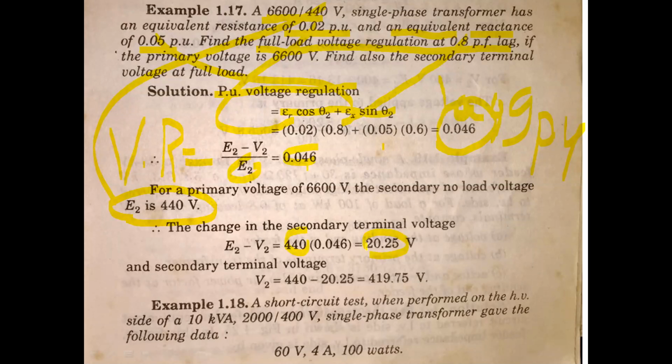From this, V2 equals E2 minus this change, 440 minus 20.25, that is 419.75. This is the secondary terminal voltage, and the voltage regulation we calculated is 0.046.